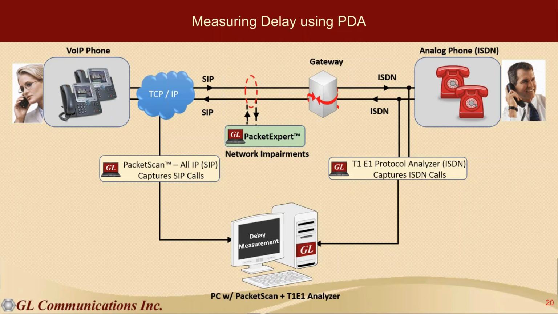So we capture the traffic on both sides. Then with timestamp analysis, we provide the delay measurement for the user, which helps identify the delay at different levels. And to make sure it works at the finest accuracy, we have used an application called Packet Expert, which is GL's product, and which helps introduce network impairments like delays.